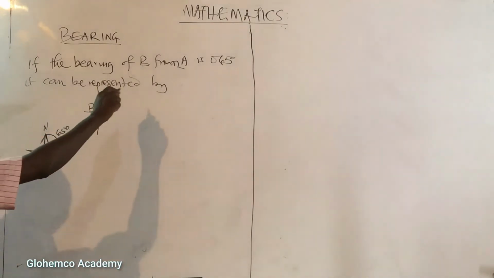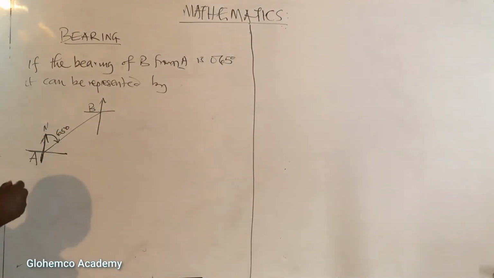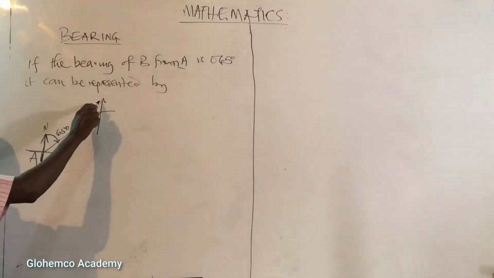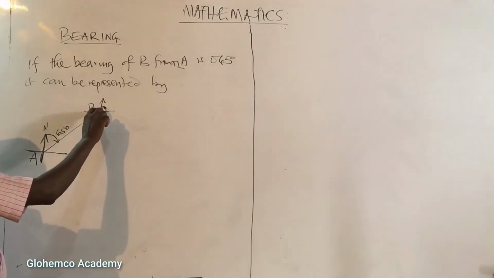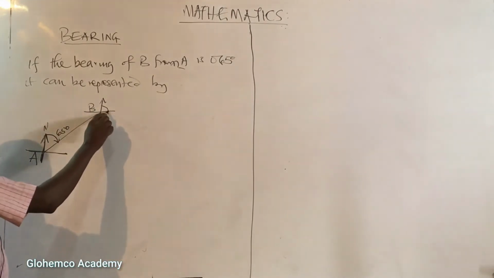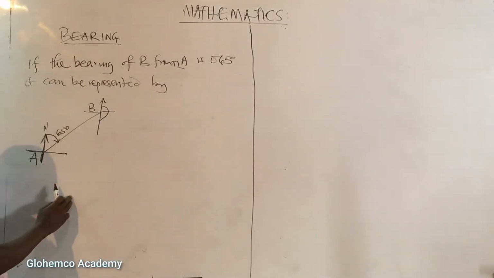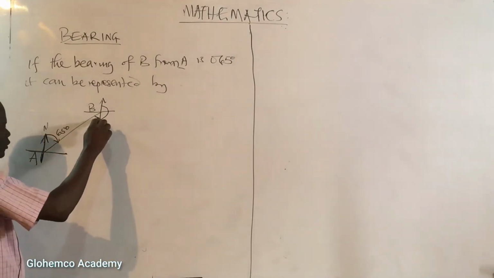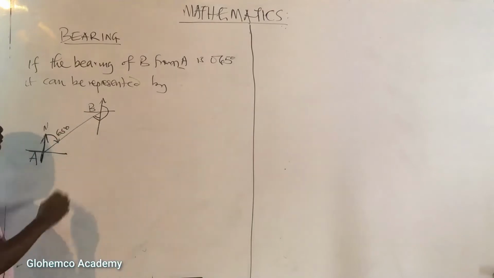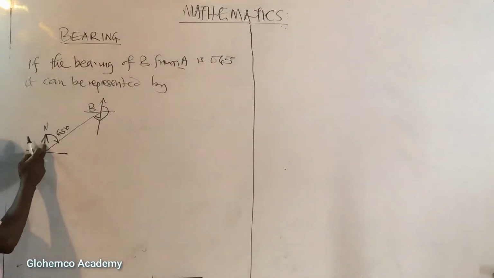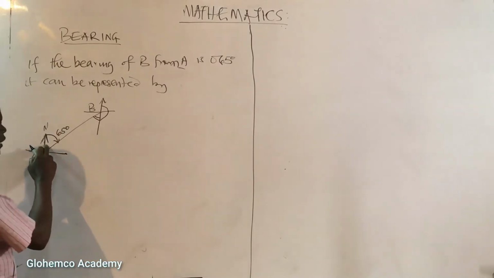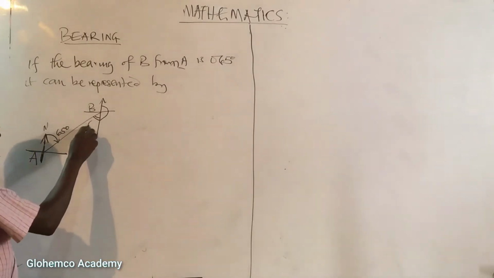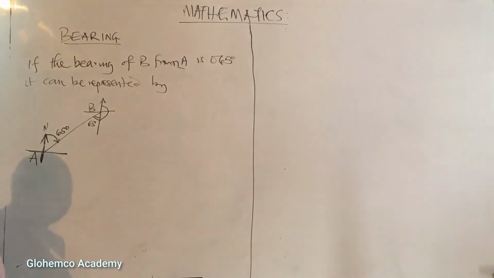If the bearing of B from A is 65, what is the bearing of A from B? It means if you want to take the readings, it also starts from the north. When you are moving from the north, from here to here is 90, to here is another 90, making 180. Then what's going to be the value of this angle? This is where the manipulation will start. If this is 65, we believe that mathematically this angle is alternate to this angle. This gives us another 65.